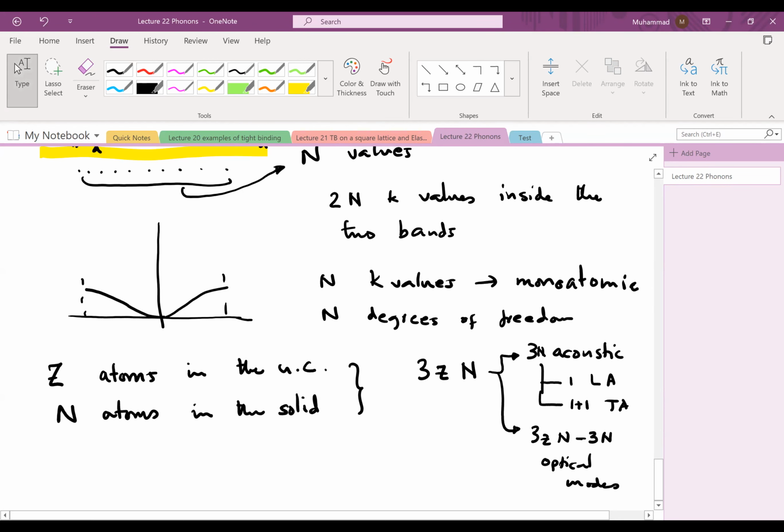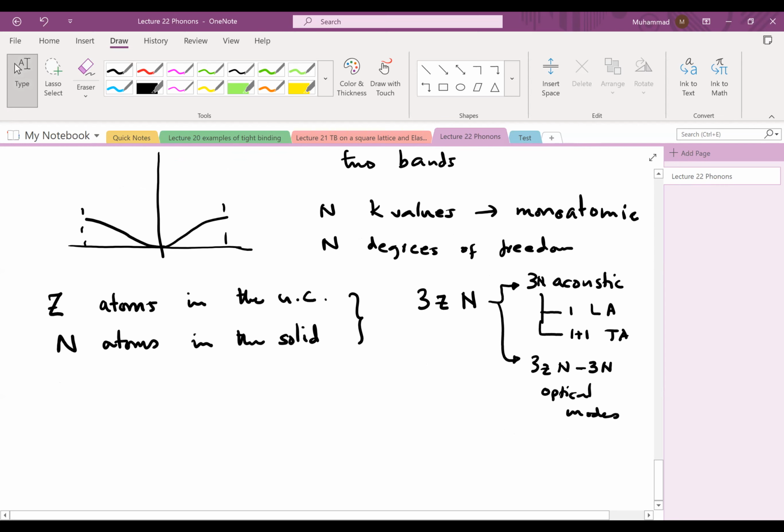Since the Brillouin zone already contains N atoms, I'm left with the following formula. I will have 3Z branches in the dispersion curve.